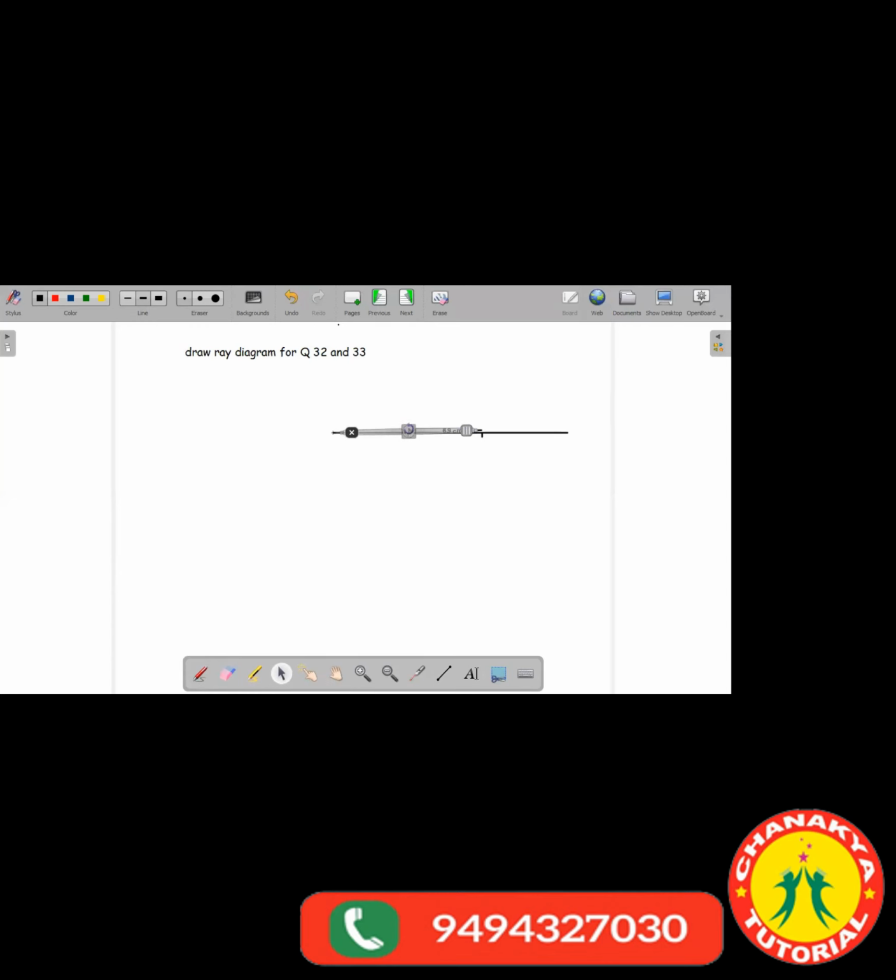Now you can draw your mirror like this, so you will get your exact answers. For the exact answer, you have to use this method. At this place, you have your C. This is our C, this is our F, and this is our pole.